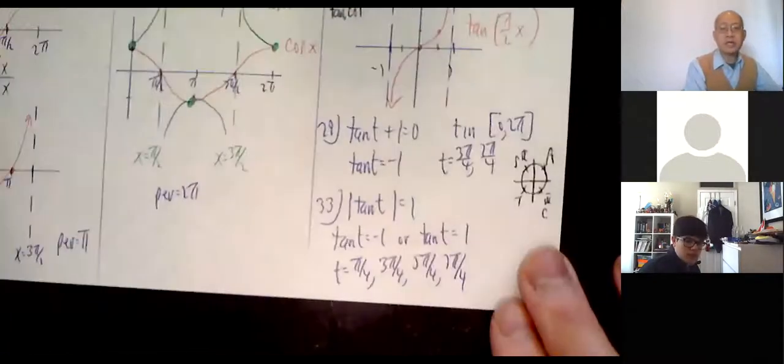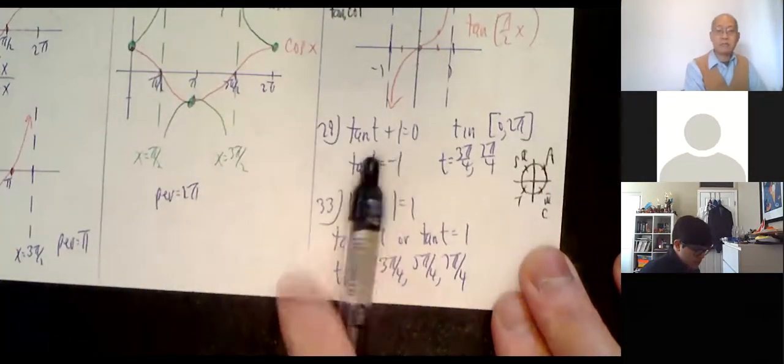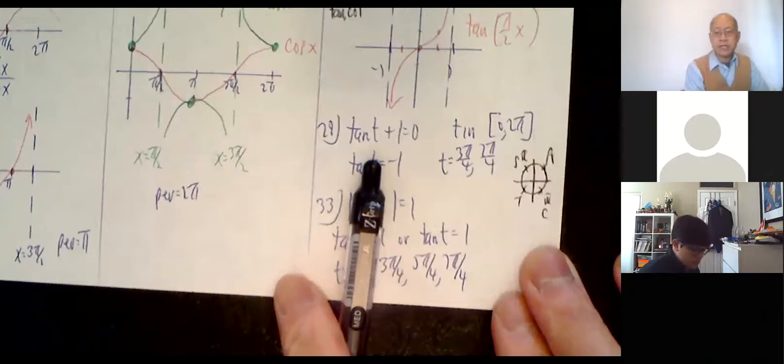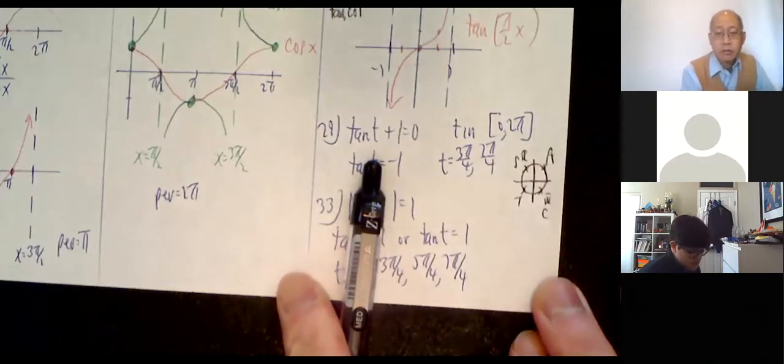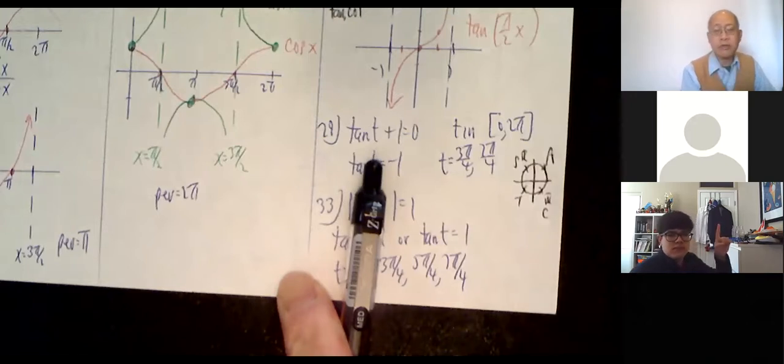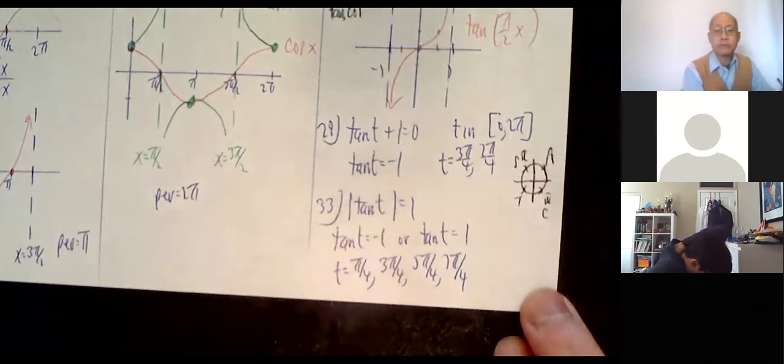That means the tangent of t, if I kind of cover that up, sometimes I like to just cover things up like that, behind my pen, what numbers could it equal? So it's like saying absolute value of what equals 1? If behind my pen was a 1, it's true. If it was a -1, it's true, right?